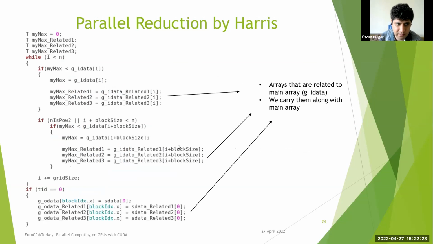Here again, we can add new parameters. For example, for the maximum operation, while we are trying to find the maximum one, we also want to carry other information that is related to the maximum one. For example, this one, g_idata, is our main array. We are trying to find the maximum of this array. And the other three arrays, related arrays, are also device arrays and are related to the main array.